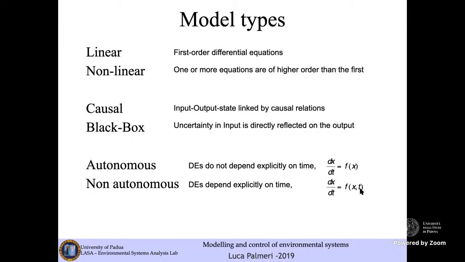This means that the linkage between the various elements of a model, state variables or external variables, may change in time, and this change is described by this function of the state variables and of time.